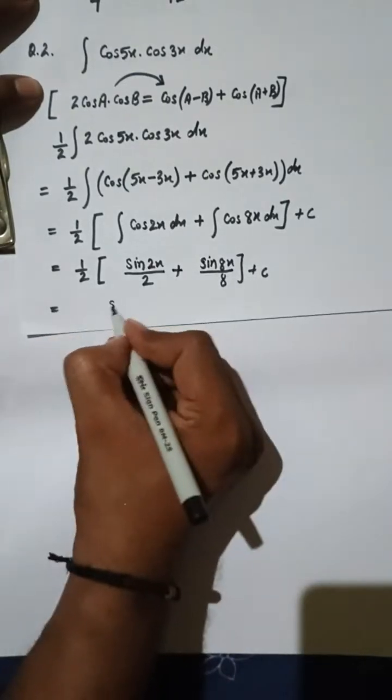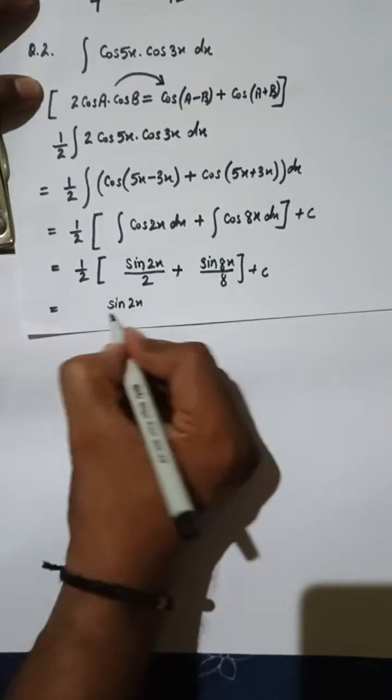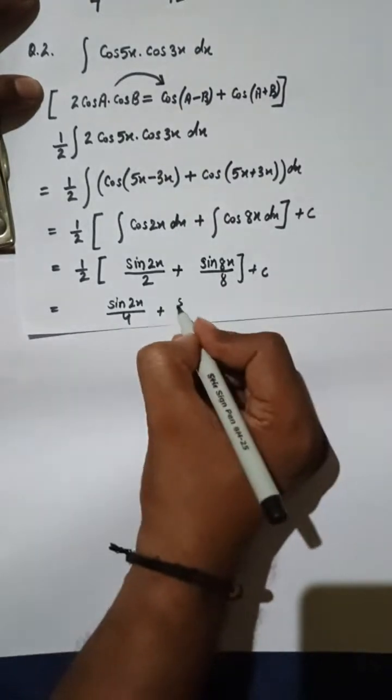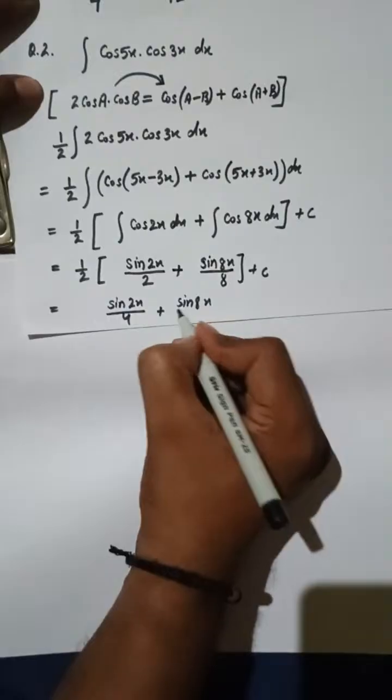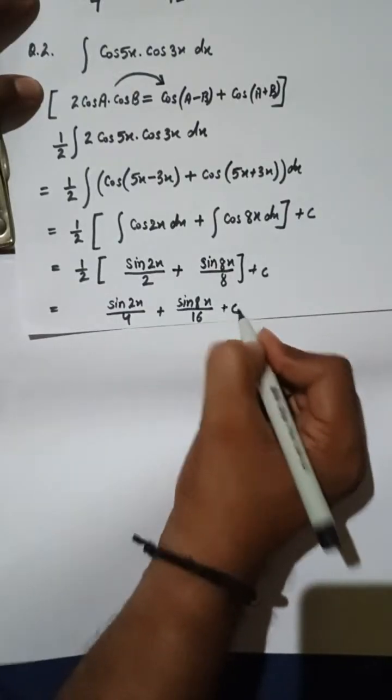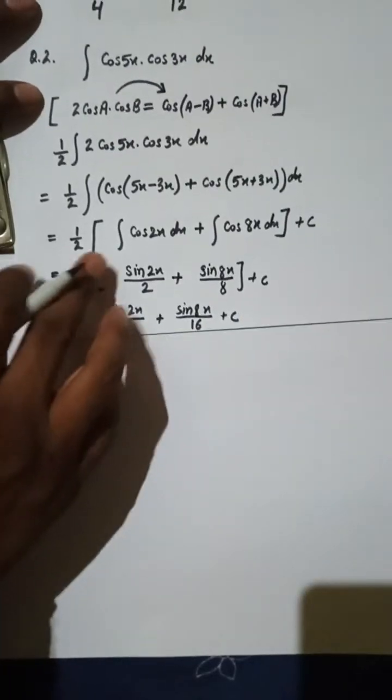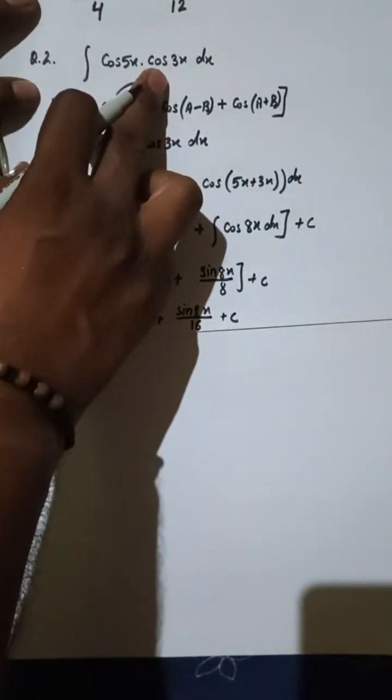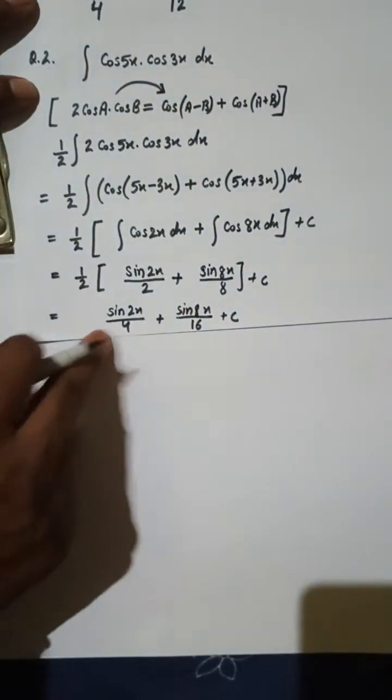So we have sine 2x by 4 plus sine 8x by 16 plus c. This is the integration of cos 5x into cos 3x.